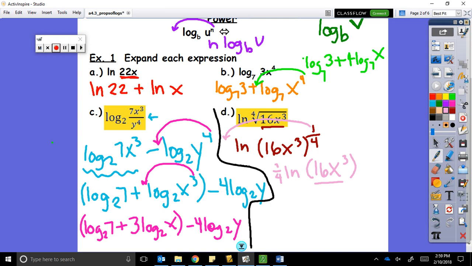All right, let's try to do that. Now remember that 1/4 goes on all of that stuff. Okay, so that 1/4 needs to stay out front. I'm going to see if we can do it in one step. 1/4 natural log 16 plus, now remember this 3 has to come out front, 3 natural log x. Okay, so the 16 and the x to the third are being multiplied. We changed to a plus, and that 3 exponent is coming out front.